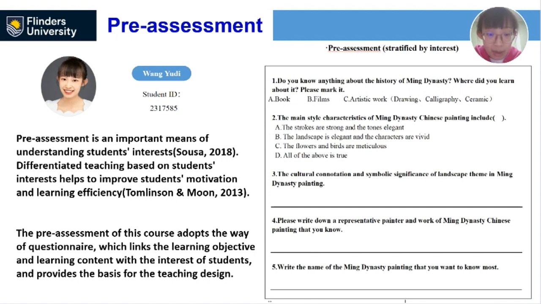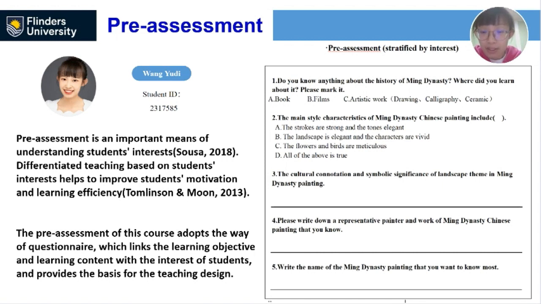The cultural connotation and the symbolic significance of the landscape theme in Ming Dynasty painting. 4. Please write down a representative painter and work of a Ming Dynasty Chinese painting that you know. 5. Write the name of a Ming Dynasty painting that you want to know most.